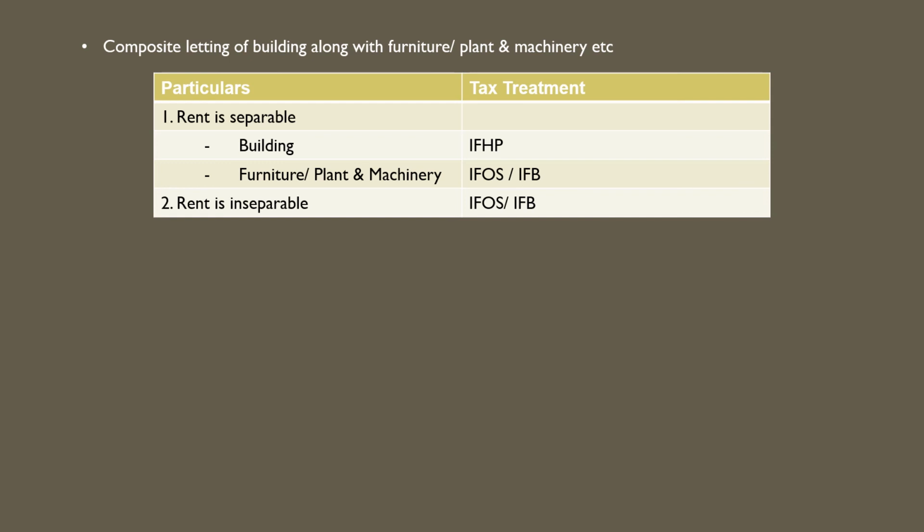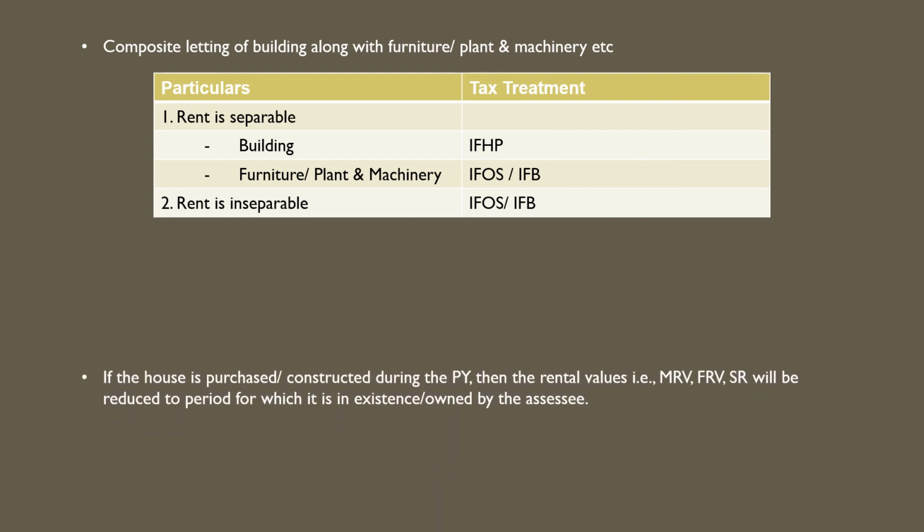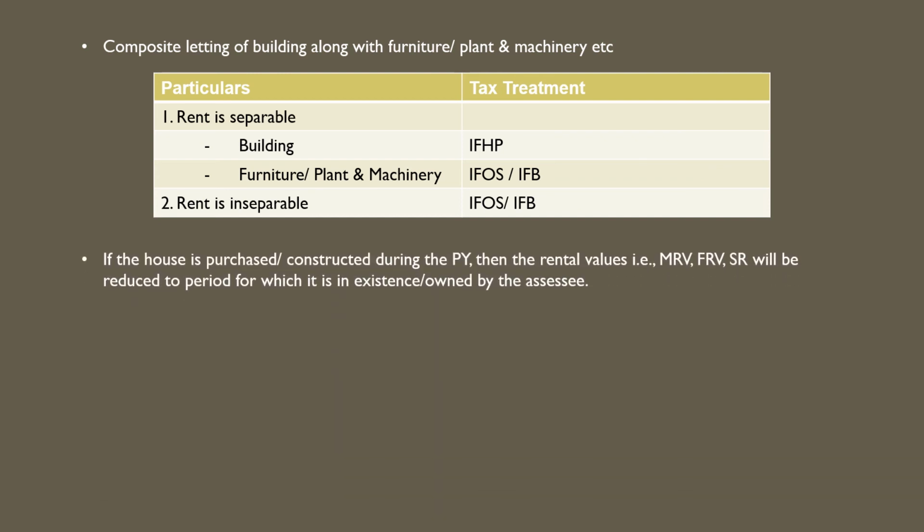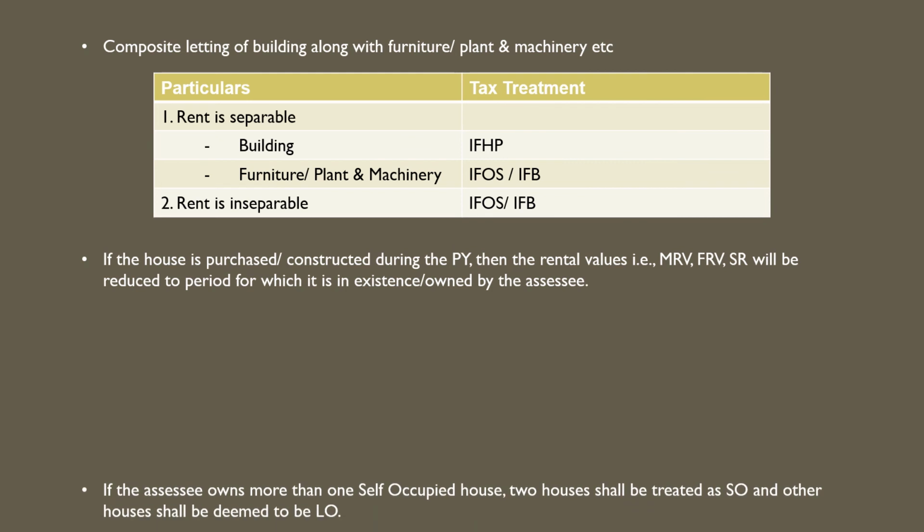But if the rent is inseparable, then it will be treated under income from other source or income from business. If the house is purchased or constructed during the previous year, then the rental values, that is MRV, FRV and standard rent, will be reduced to the period for which it is in existence or owned by the assessee.